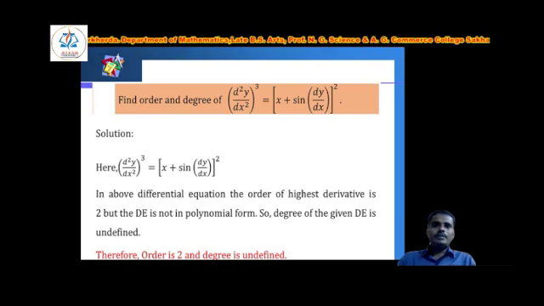In the above differential equation, the order of the highest derivative term d2y by dx square is 2. But the differential equation is not in polynomial form, so the degree of the given differential equation is undefined. Therefore the order is 2 and degree is undefined.